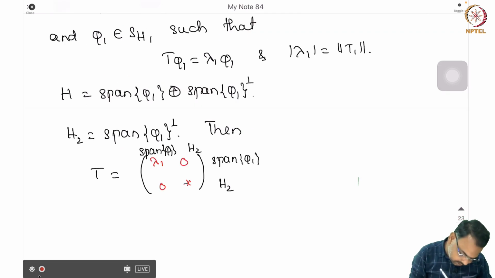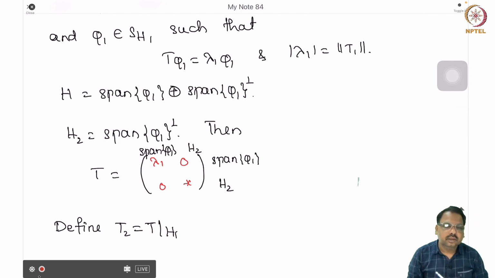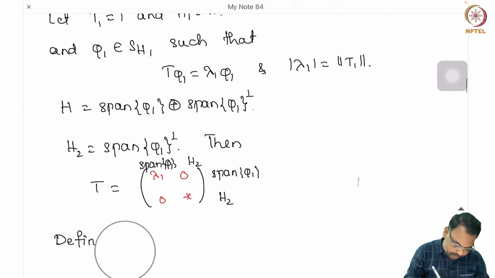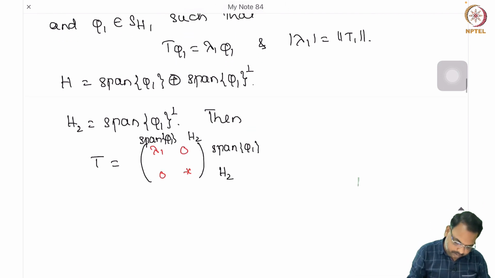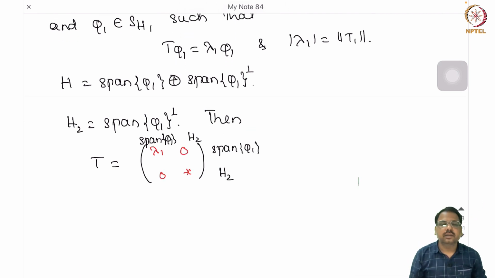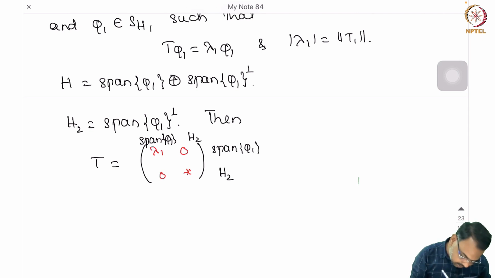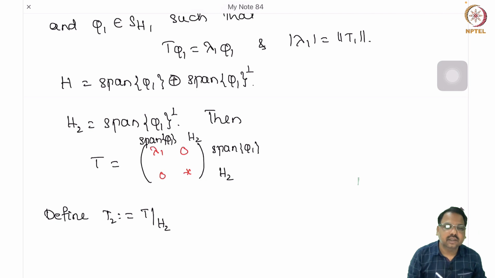Now let us define T2 as T restricted to H2, or T1 restricted to H2.